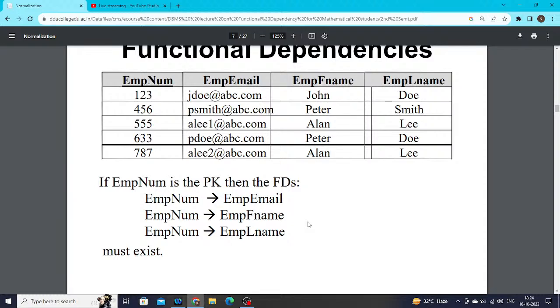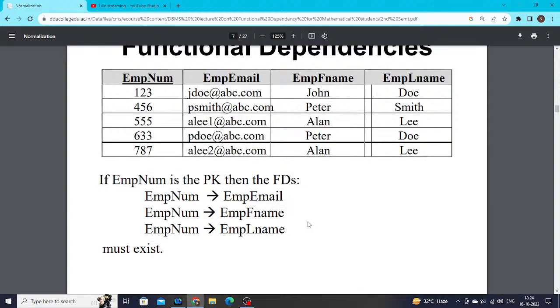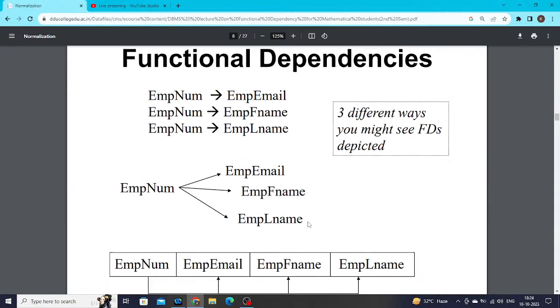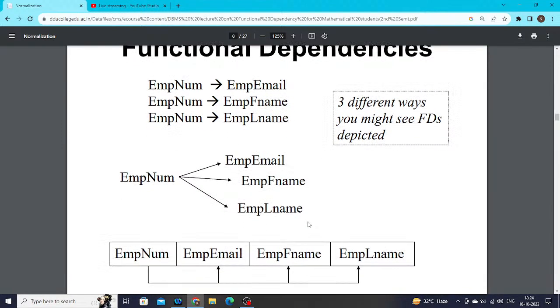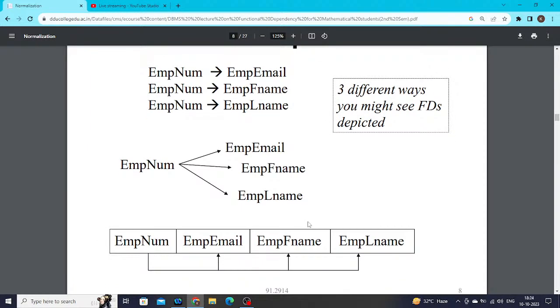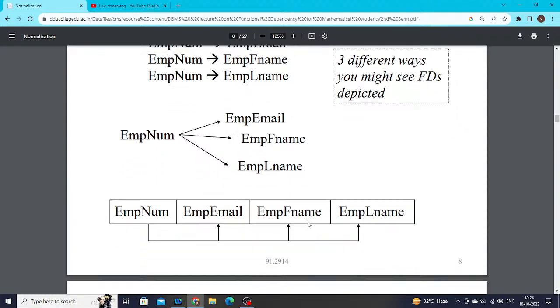So the university generally gives a unique ID to each of them, like a roll number in your class, and that will be your primary key identity. Functional dependency means employee attributes depend on the employee ID. Three different ways you might see functional dependency. First, the employee number determines employee name, first name, last name, and employee ID. So it is the uniqueness, and the employee ID is the primary key, which is unique about your address.